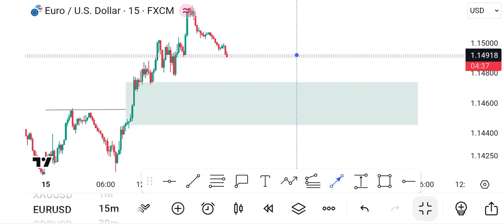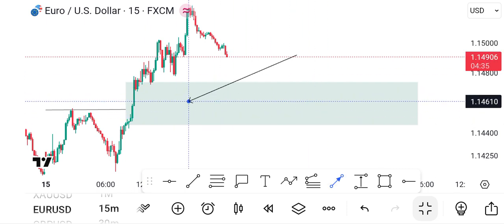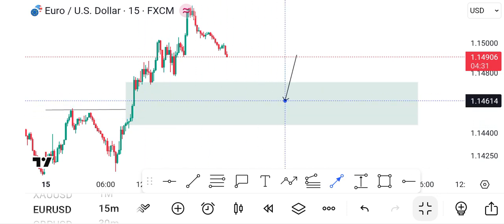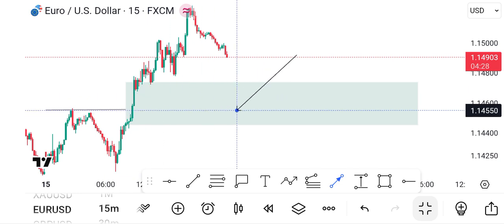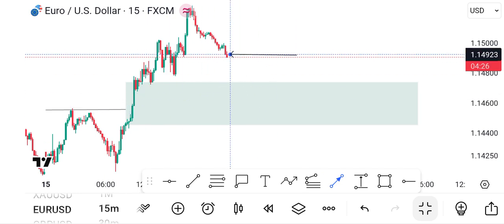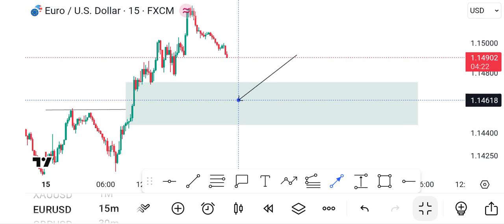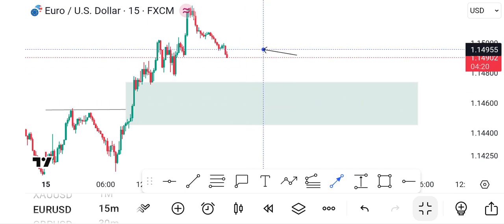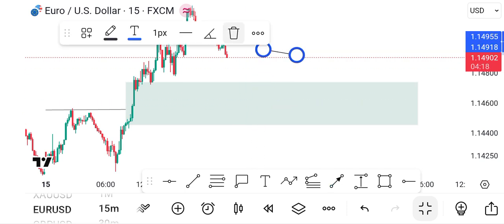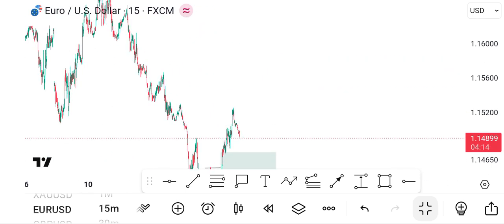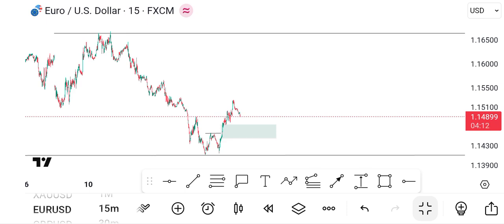Remember what we did? This area here, this happens to be our fair value gap that we identified on the 4 hours time frame. Okay, so we're expecting price to drop into this level here, give us a confirmation, and then we buy. And where are we buying to? We're basically buying to the high of the previous week.